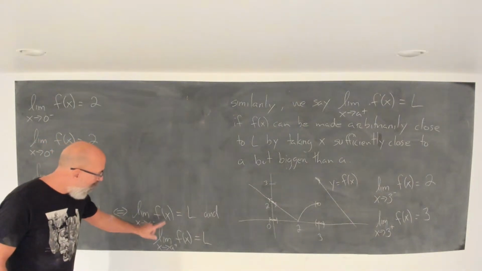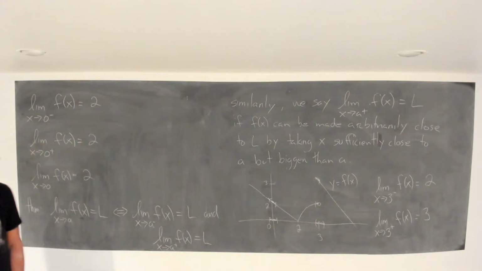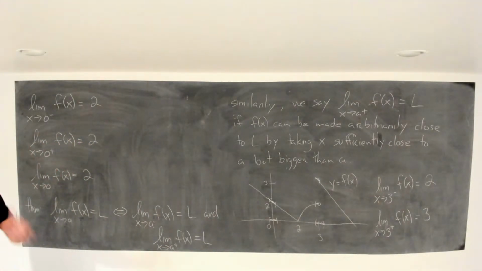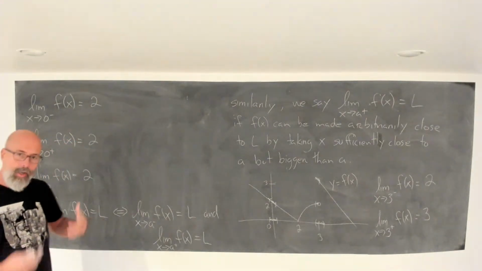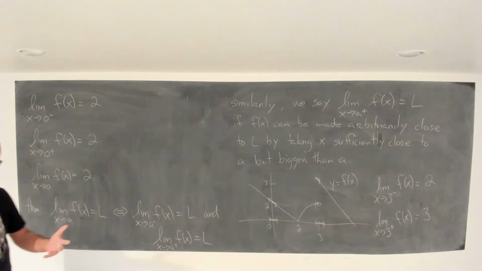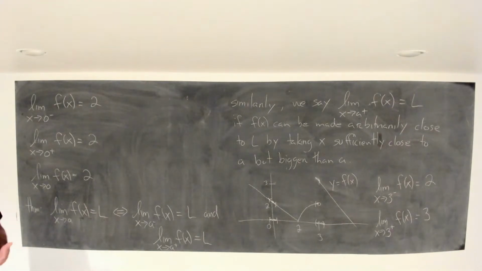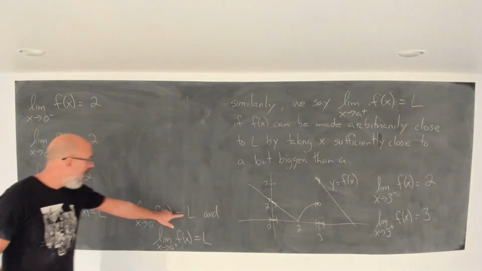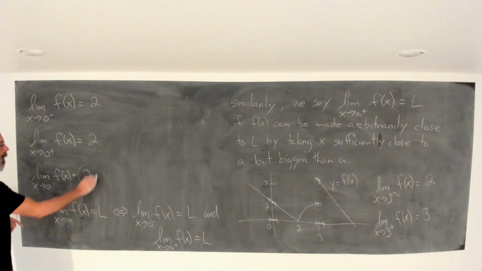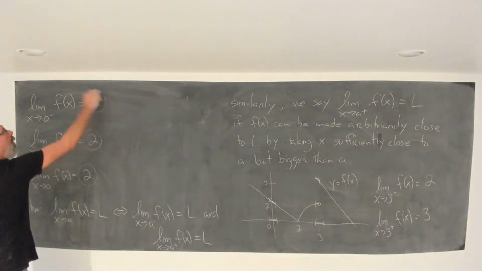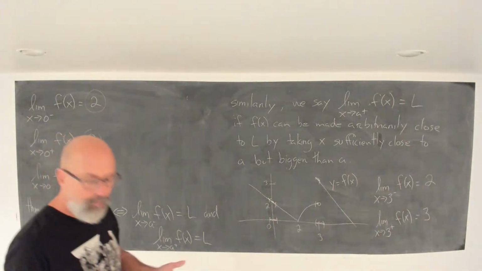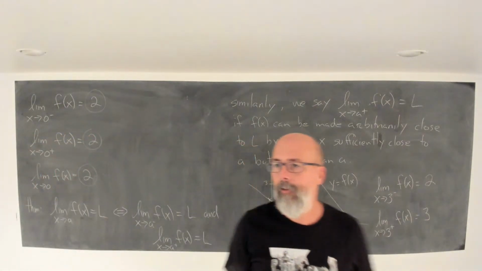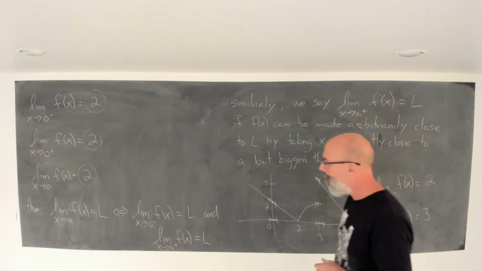Conversely, if both left and right-handed limits exist and are equal to L, then how does the function behave? I'm just using L as a number here, right? In this case, L would have been 2. L as in limit, but it's really just a number.